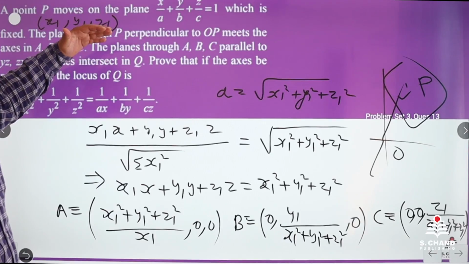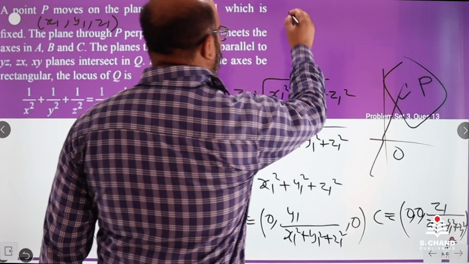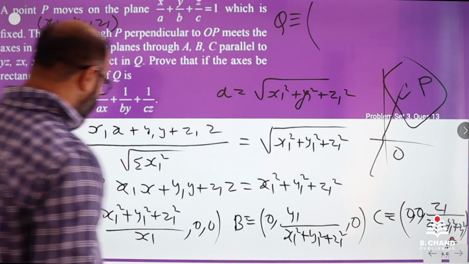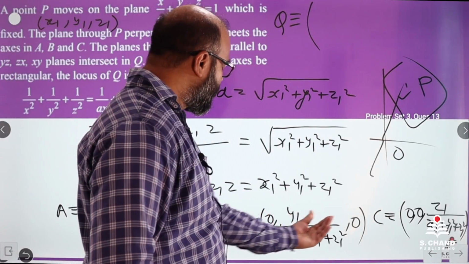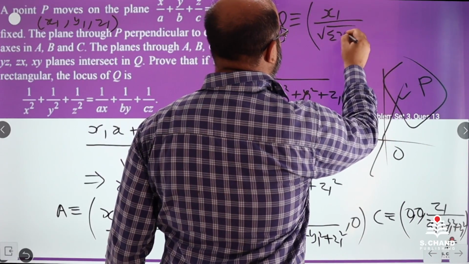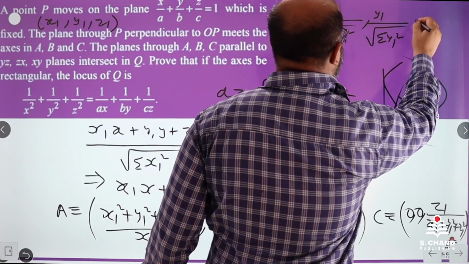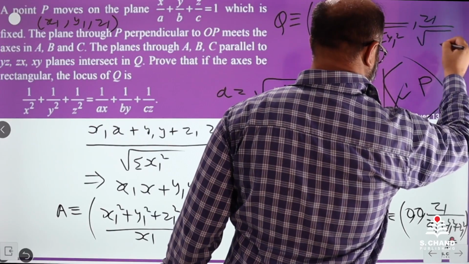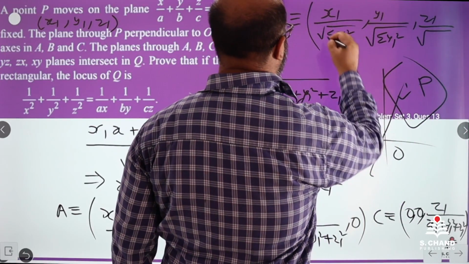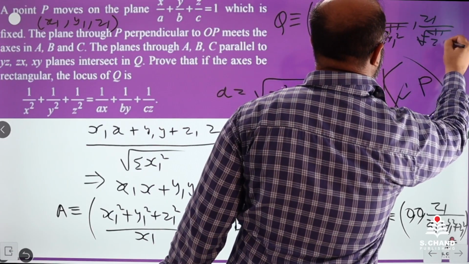Now the planes through A, B, C parallel to the YZ, ZX, XY planes intersect in Q. So if they intersect in Q, then Q will be actually this intercept comma this intercept comma this intercept. Let's say x1 by root over sigma of x1 square, comma y1 by root over sigma of y1 square, comma z1 by root over, the root cancels.